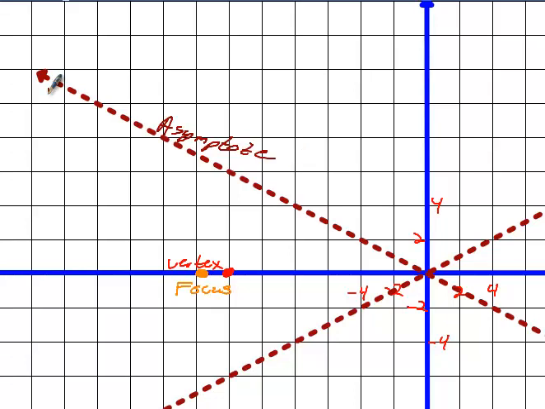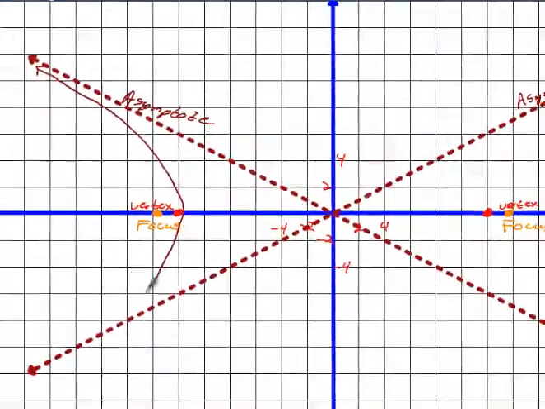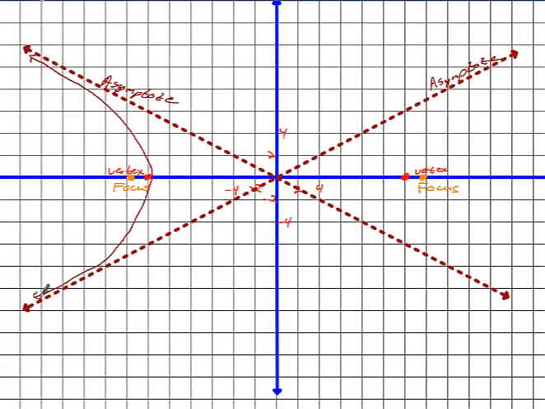So my graph is going to start up high here on the asymptote, follow it, curve through the vertex. Follow close to the asymptote, curl through the vertex, and then come back down the asymptote on the other side. Everybody okay with that? Yes or no?